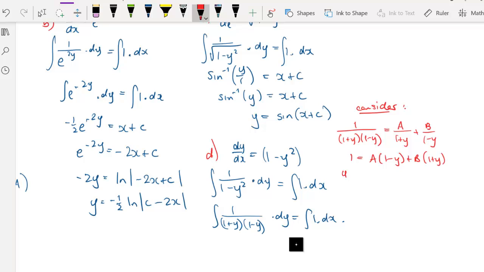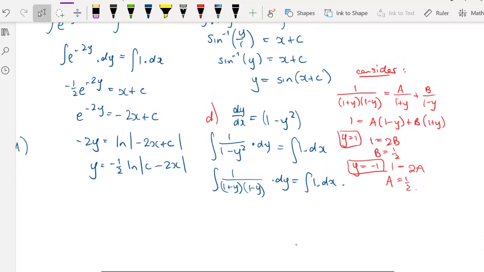And therefore, when y is equal to 1, we get 1 is equal to 0a plus 2b, so b is equal to 1/2. And when y is equal to negative 1, we get 1 is equal to 2a and 0b. So therefore, a is equal to 1/2.